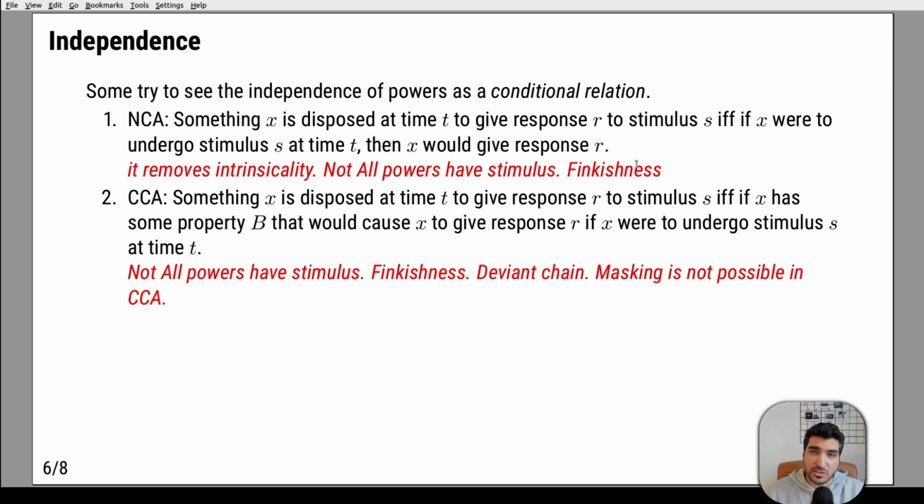And also masking is not possible because this analysis says that B plus S are sufficient to cause that reaction. But they might not be sufficient because if I tell you that I have a live wire there and I'm going to touch it, then you will say, okay, if it has the power to electrocute you, then it means that if you touch it, it will electrocute you.